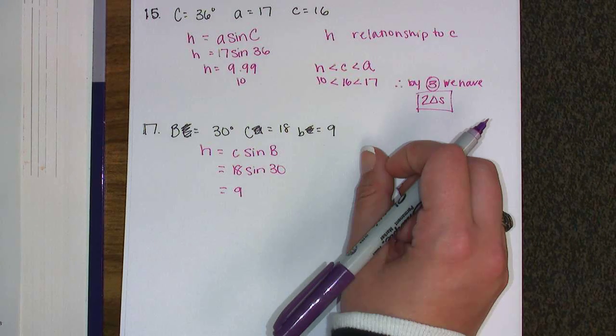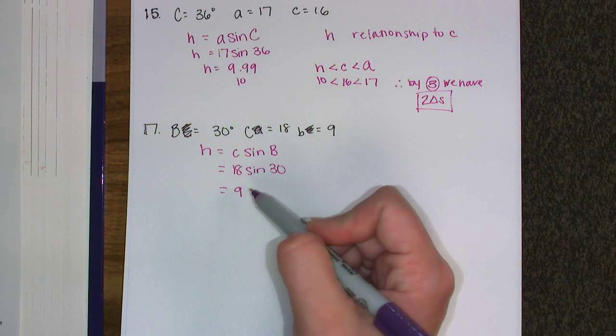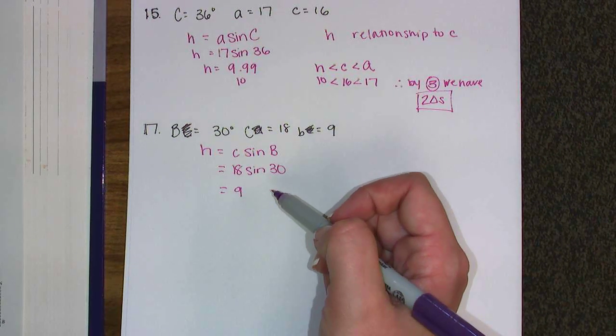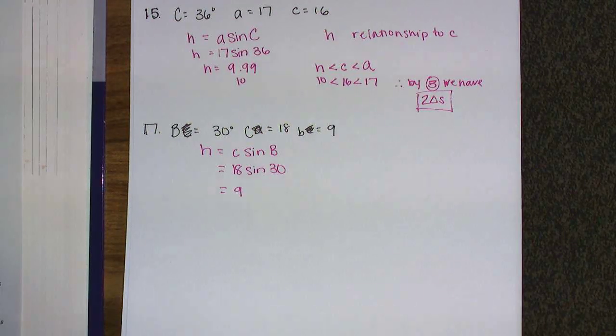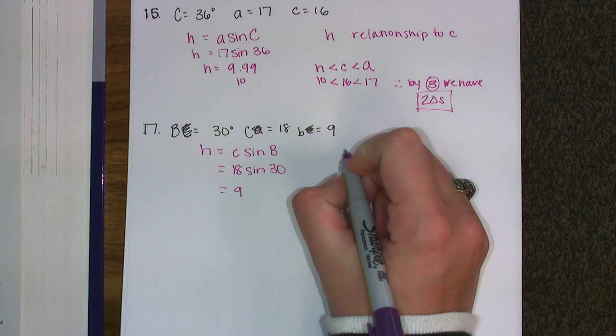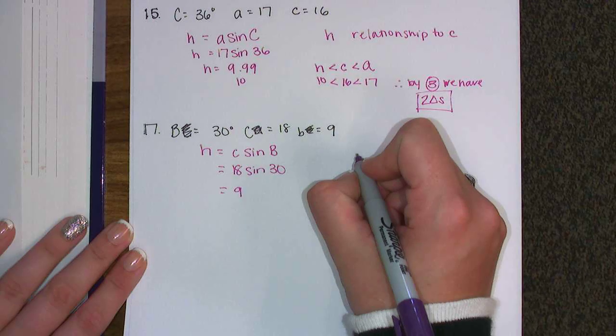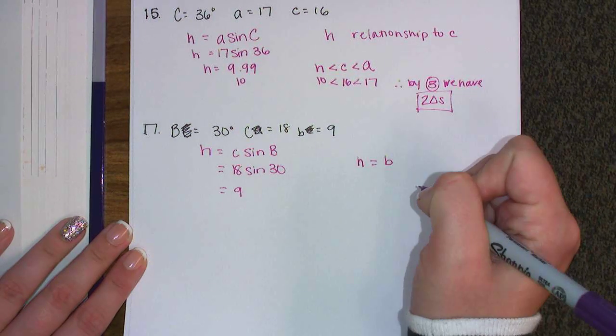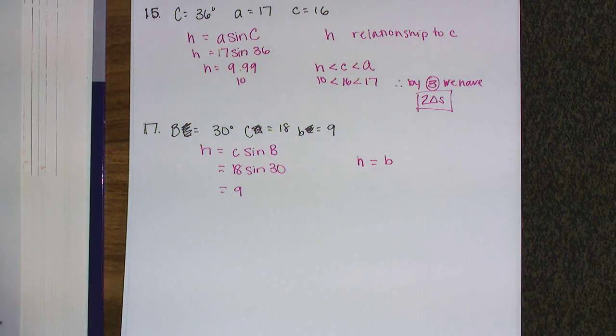However, if that's indeed 9, that might be an issue because that would make h equal to b, meaning we would have a different case than what we're supposed to have.